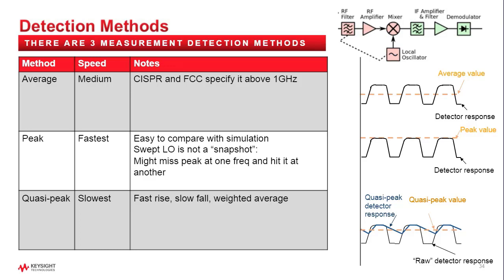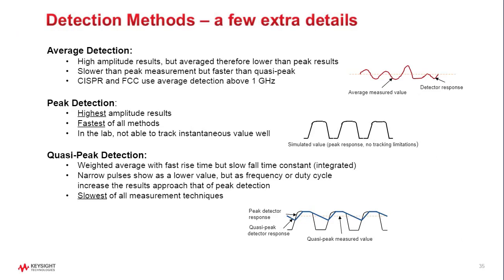The simulation that we're going to be running will rarely be longer than a second worth of time. We get to steady state, and I'm not going to run any longer than that. So quasi-peak's not associated with the simulation environment, but that's okay because it has its own different perspective for the measurements. A little bit more detail on the next slide for your reference, slide 35, gives a little different description between the 3 detection methods.